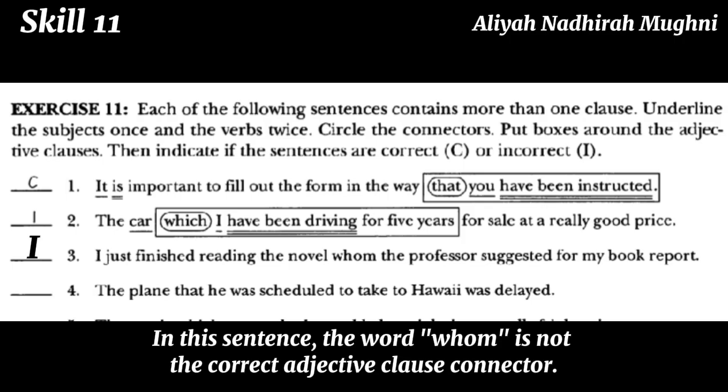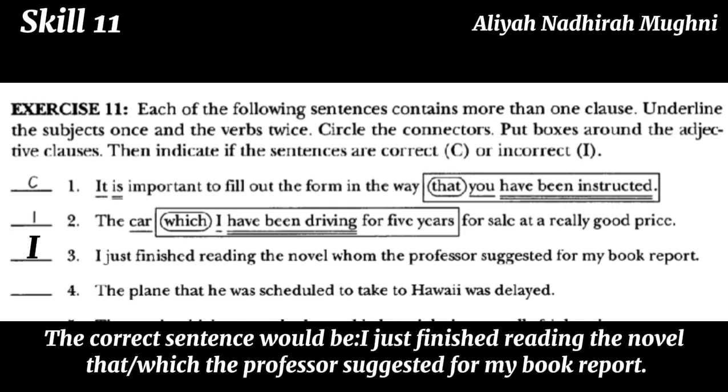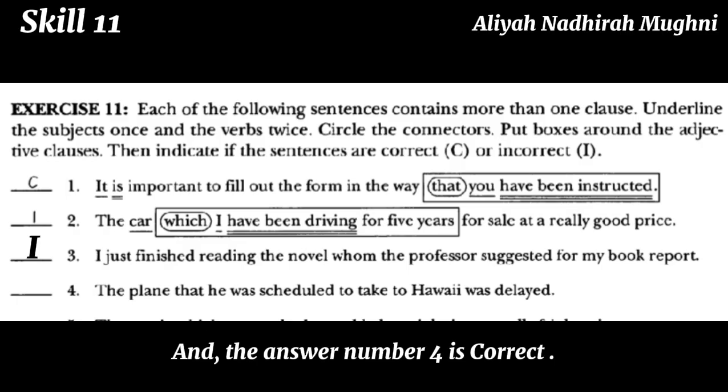In this sentence, the word whom is not the correct adjective clause connector. It should be that or which because novel is a thing, not a person. The correct sentence would be I just finished reading the novel that or which the professor suggests for my book report. And the answer number 4 is correct.